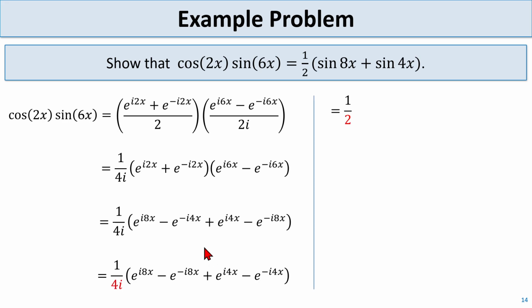Next, I want to recognize that I can take this 4i, think of it as 2 times 2i, and then bring the 2i into the parentheses, because the formula for sine of x involves 2i in the denominators. In fact, now if you look at the first term in the parentheses, this is exactly the definition for sine of 8x. Likewise, the second term in the parentheses, that is the expression for sine of 4x.